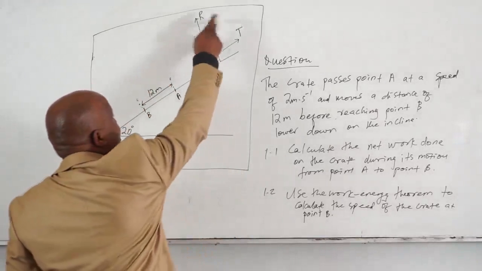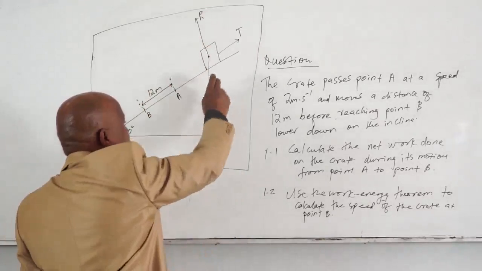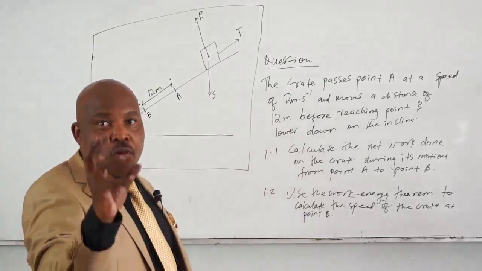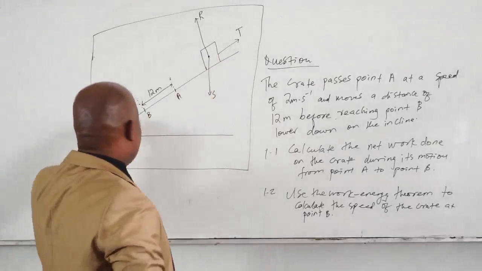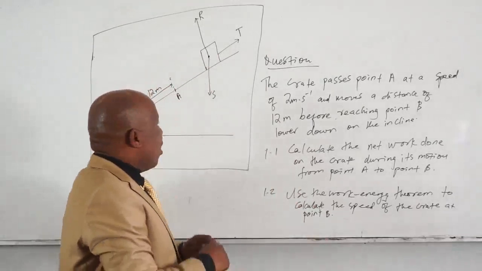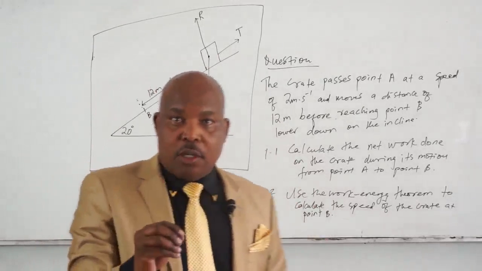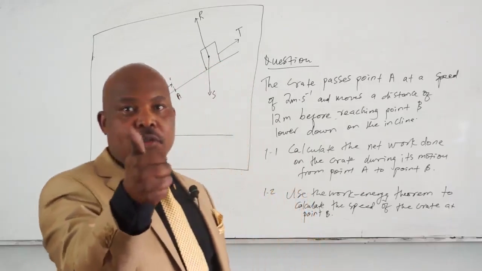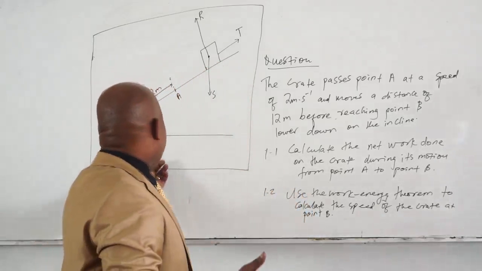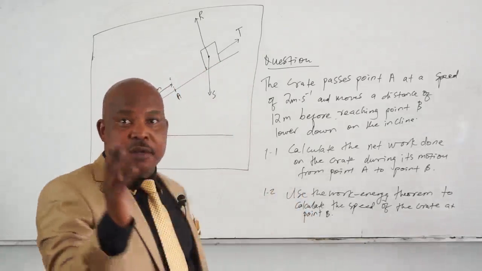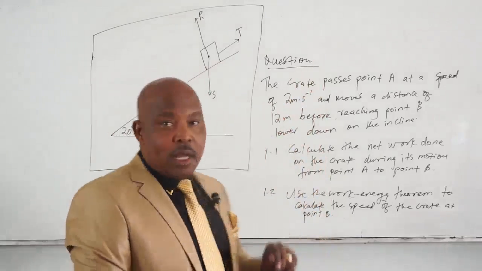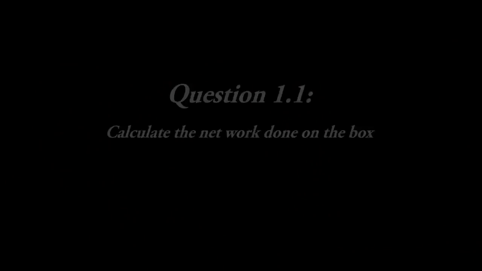You are given the crate with three forces: R, which is the normal, S, which is the weight, and T is the frictional force. Why? Because the box is going down. And then you are given a frictional force of 190 Newton. So we're given frictional force 190 Newton, mass 70 kilograms, the angle, and the distance between A and B, which is 12 meters. Now we can go and answer our questions.